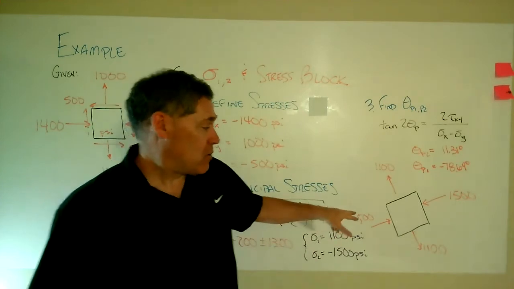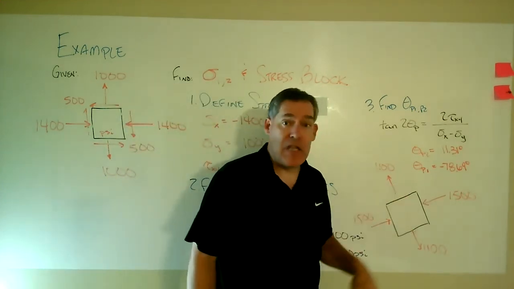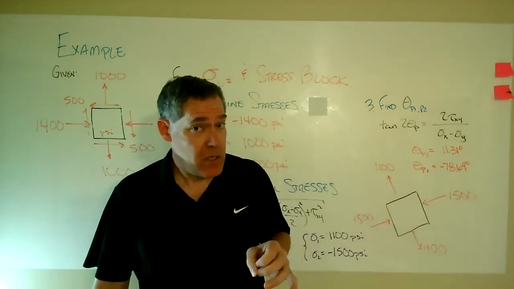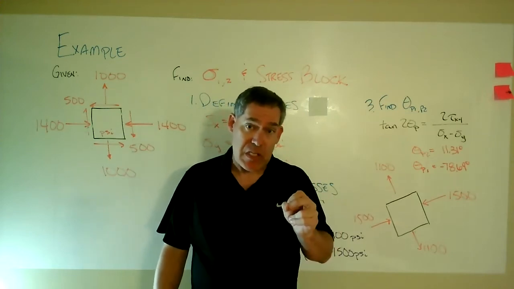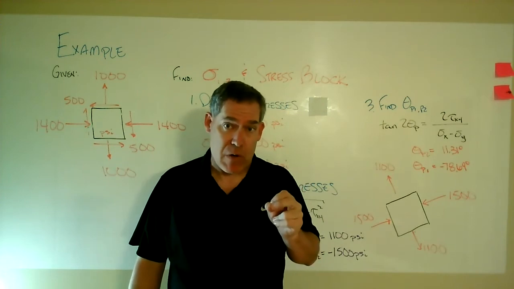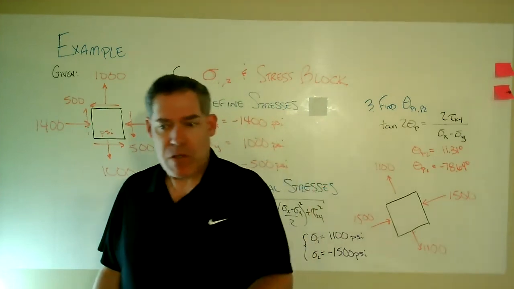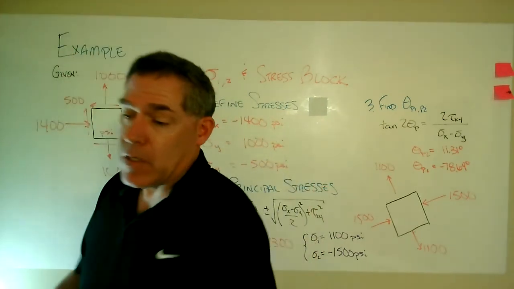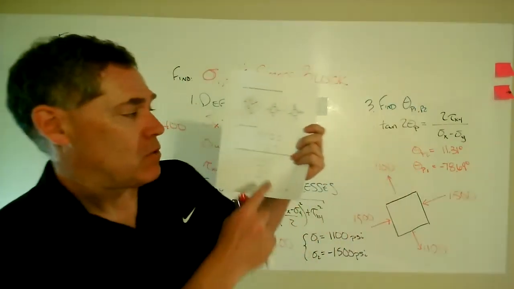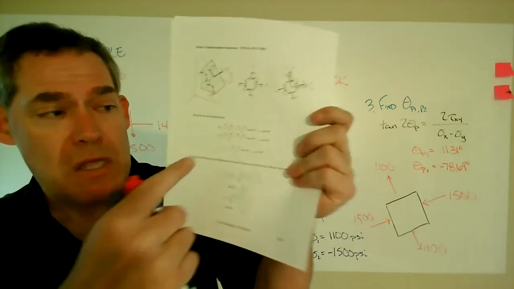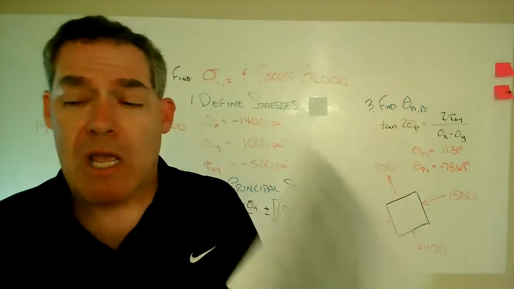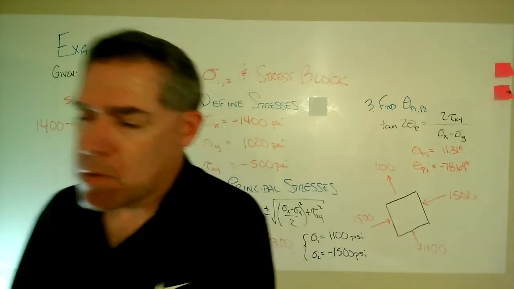Now, you also don't see any shear stresses on here, and that's because by definition, we can prove this, on the principal planes, the shear stress is 0. How do I know this? Well, I've gone through this before. What you do is you take any one of those principal angles and put it into that shear stress equation here, and you'll find out you get 0.